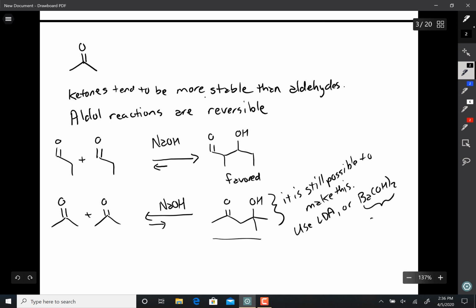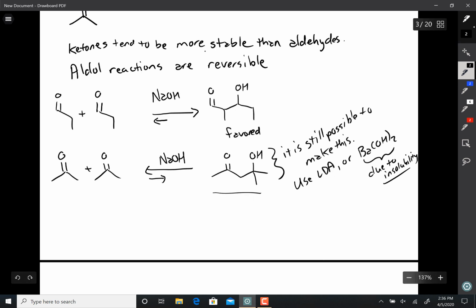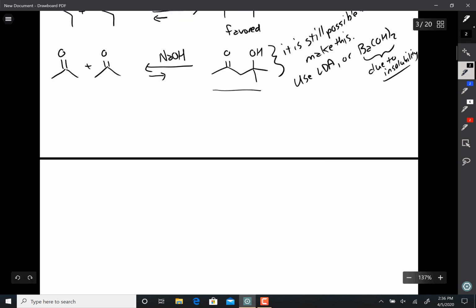This one's a trick. Barium hydroxide is insoluble in a lot of things, and so that's why it's used in this case. But we don't have to worry about that. But typically, these have a tendency to be unstable and they go backwards. The backwards aldol reaction is called a retroaldol.